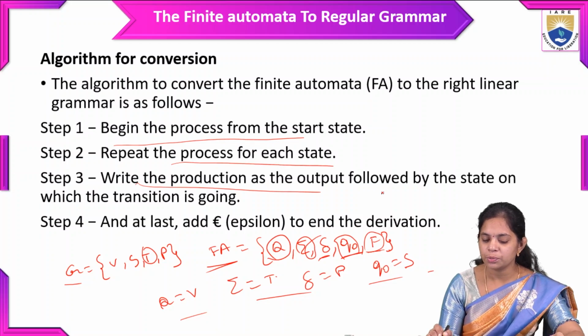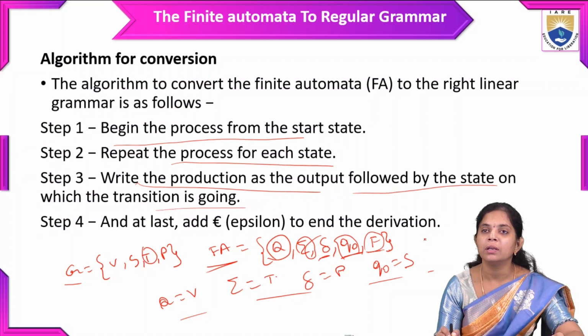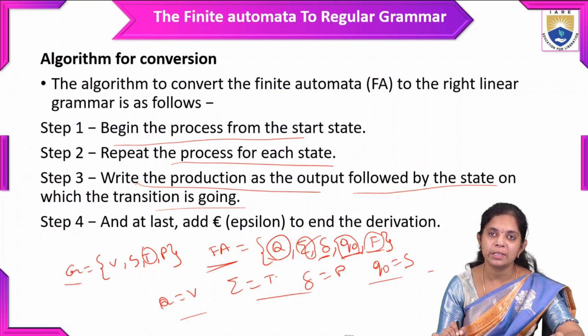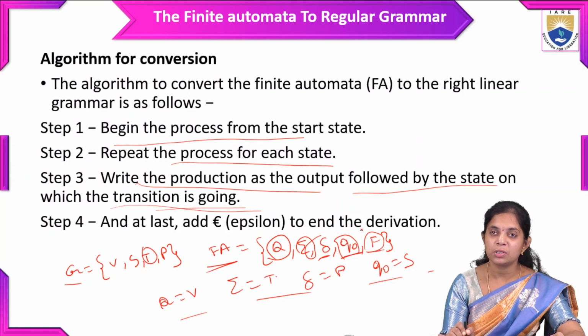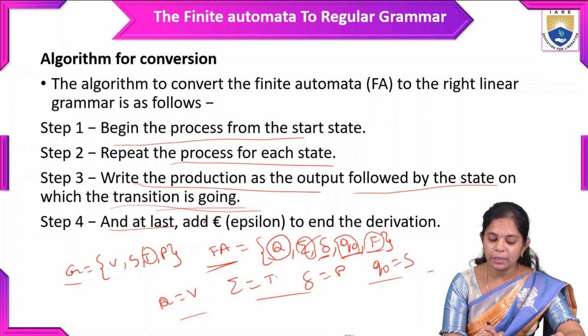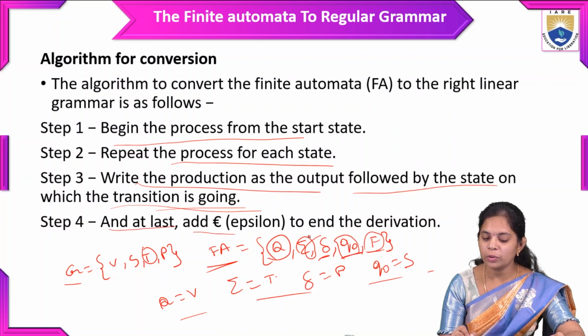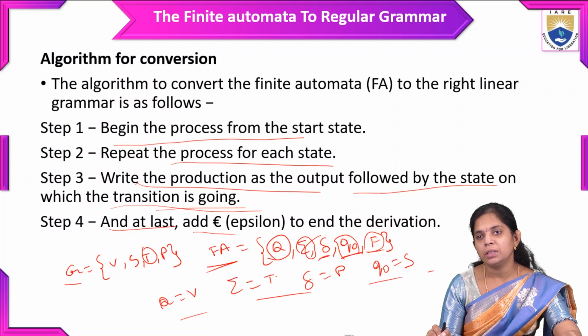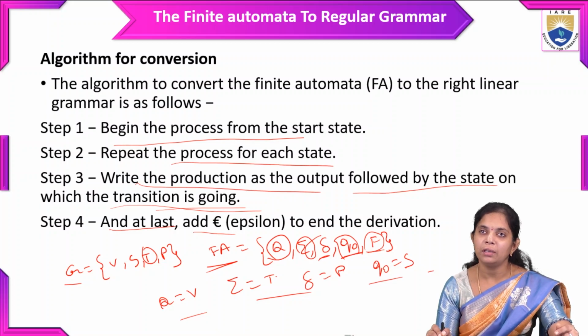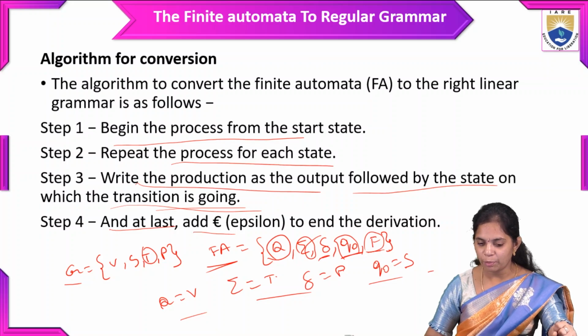Write the production as the output followed by the state to which the transition is going. And last, add epsilon to end the derivation. So here we need to add the epsilon to end the derivation. We will discuss this algorithm with an example.